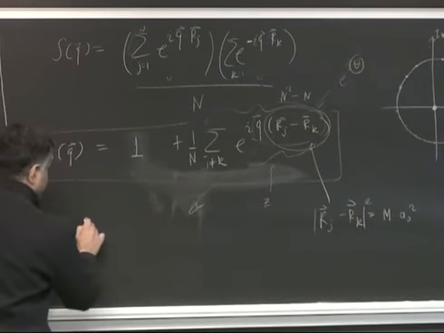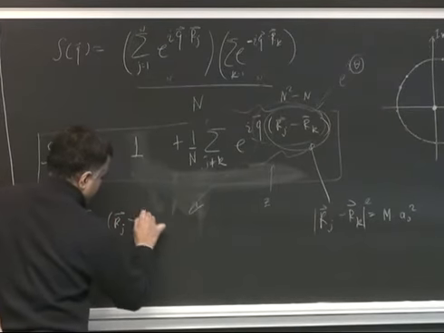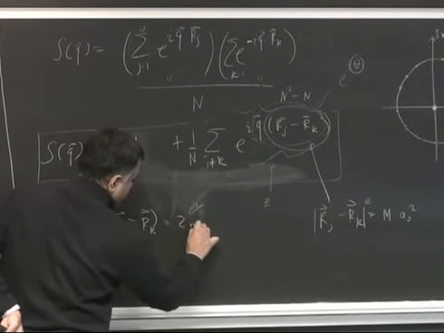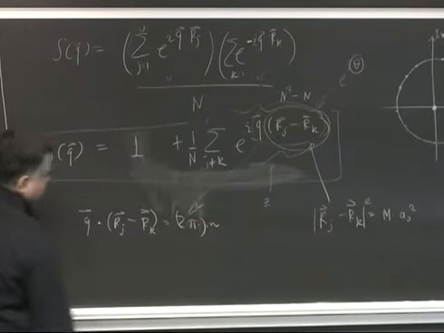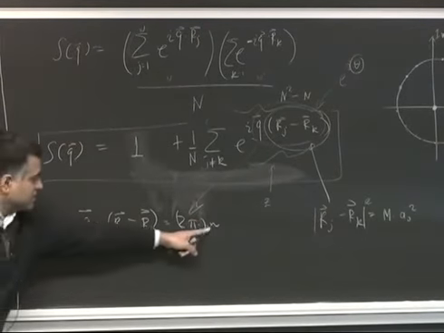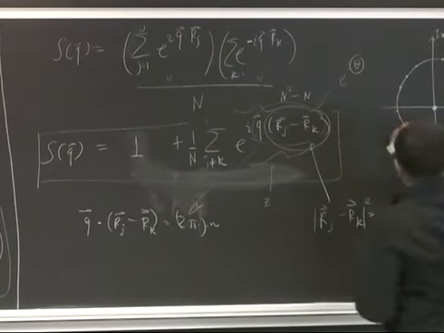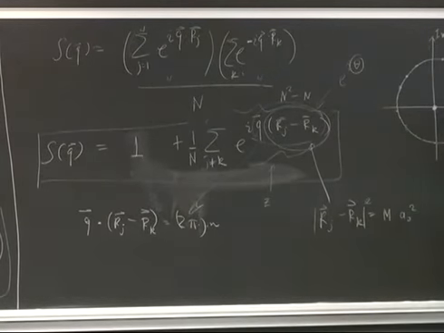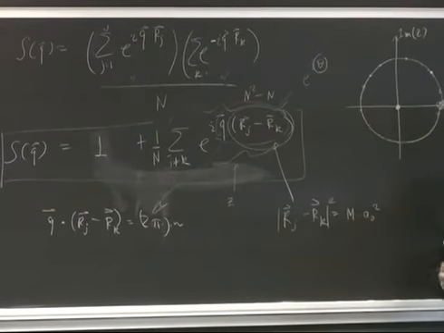What does that mean? It means if Q dot Rj minus Rk is equal to 2 pi times an integer, then e to the power i 2 pi times an integer, you're not going around the circle anymore. You're sitting right here, at 1 comma 0. All of those n square minus n terms are equal to 1.